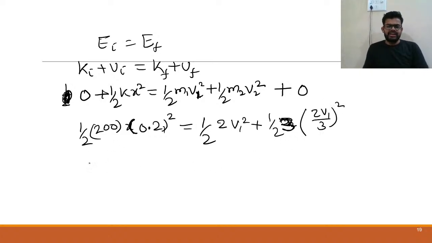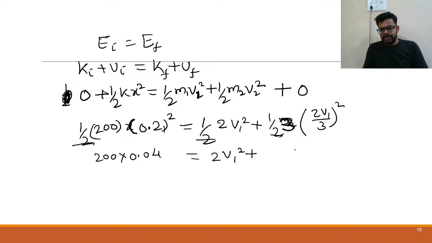So what will we get finally from here? The halves cancel. Let us write it: 200 into 0.04 will be equal to 2v1 square plus, this is 3 and this will be 9, so one 3 will be cancelled, 4 by 3 v1 square. Let us simply calculate it.